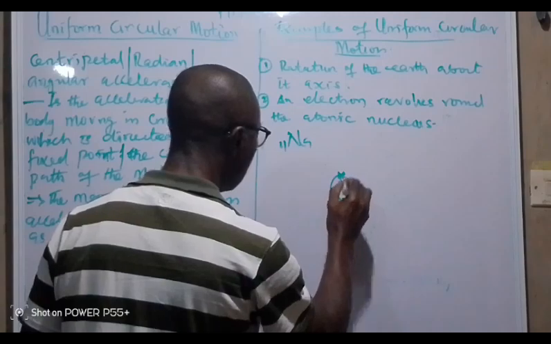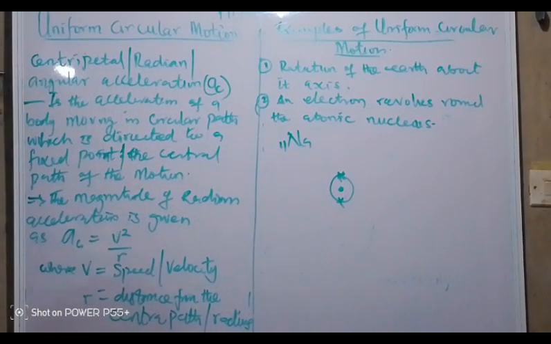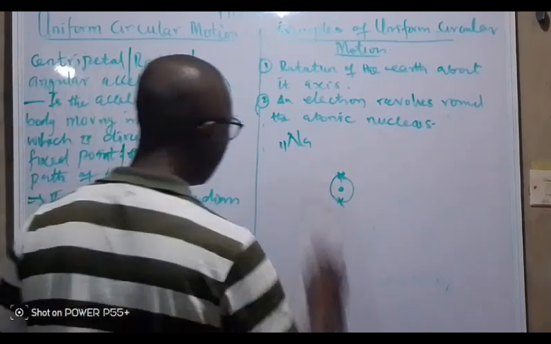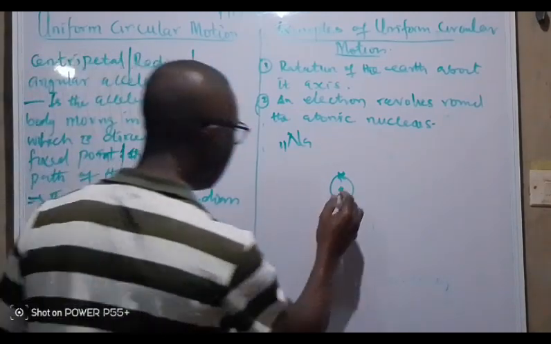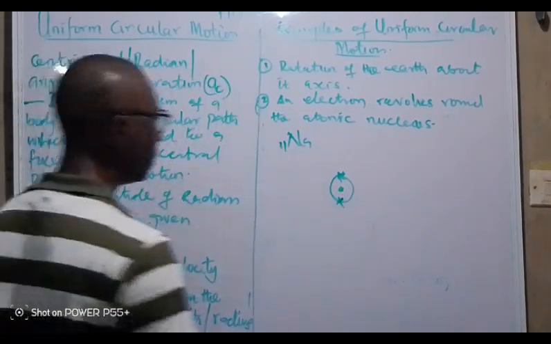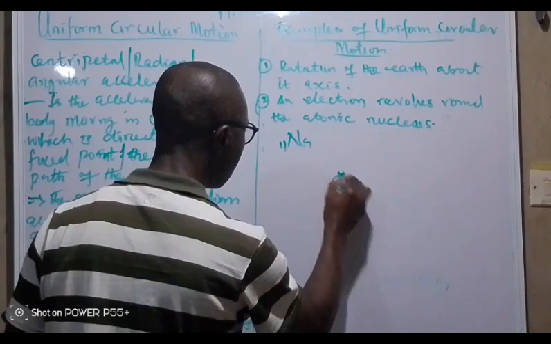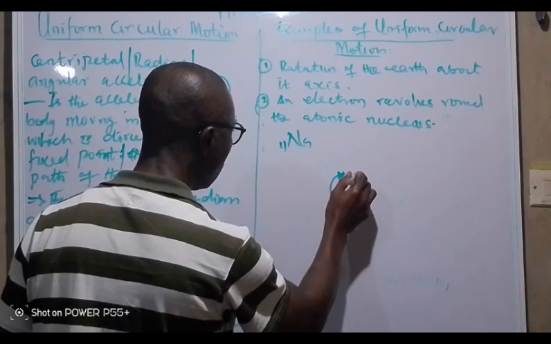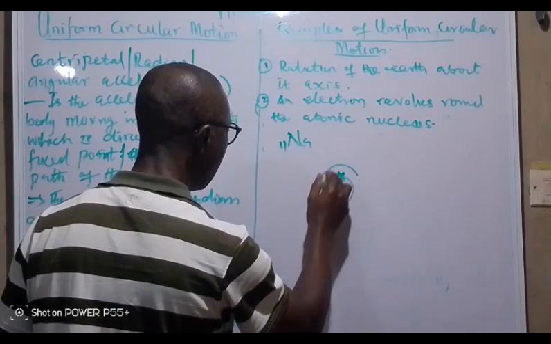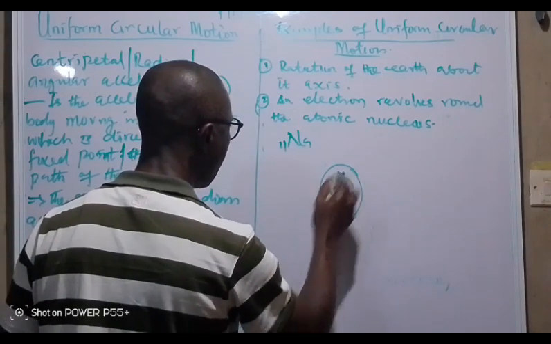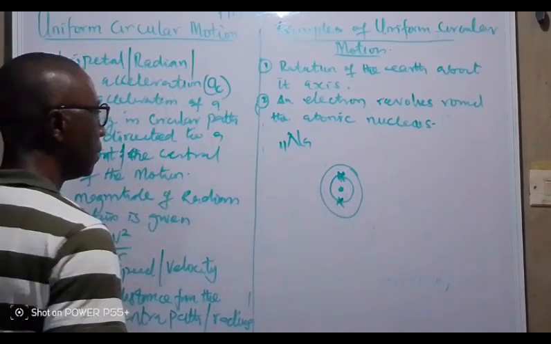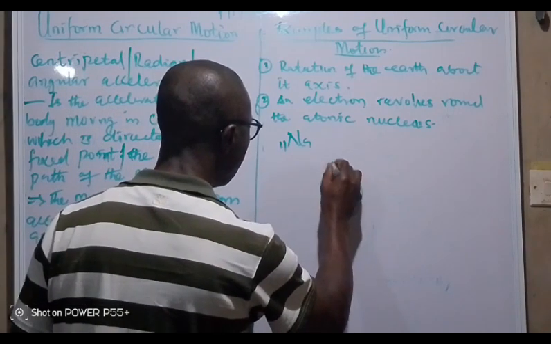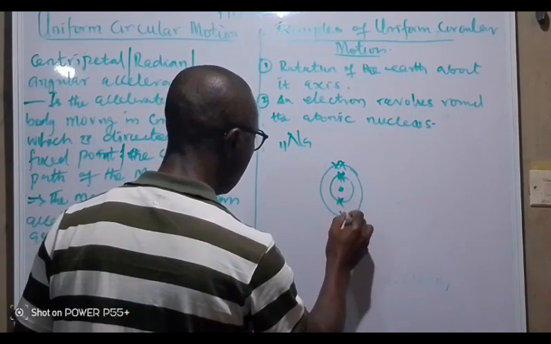This is the nucleus, the particle present in the nucleus, and the electron will revolve around the nucleus. So when the inner shell, which is K shell, receives two electrons, which is its maximum, the electron will jump to the next shell, which is L shell, and the L shell will take 8 electrons.